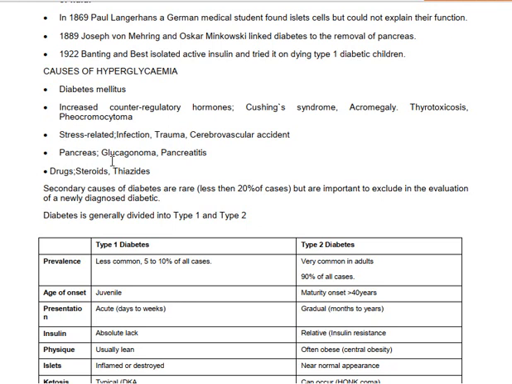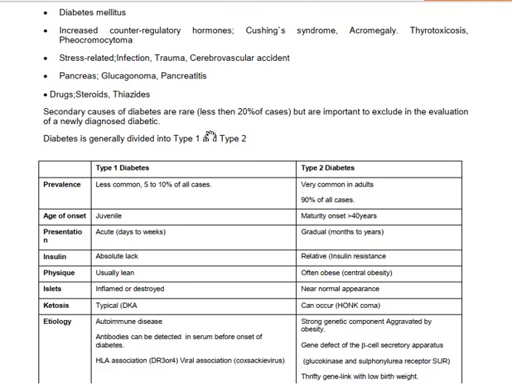You need to know that if you have glucagonomas, which are tumors of the alpha cells, or pancreatitis, you can also have hyperglycemia. You can have drugs like steroids, and thiazides are also involved. Now, secondary causes of diabetes are rare, but are important to exclude. Usually, the secondary causes of diabetes are rare.